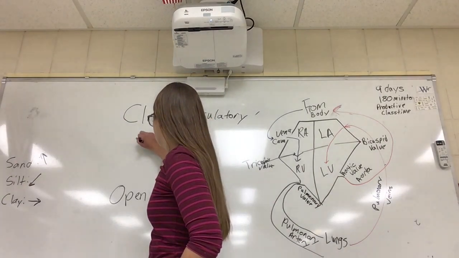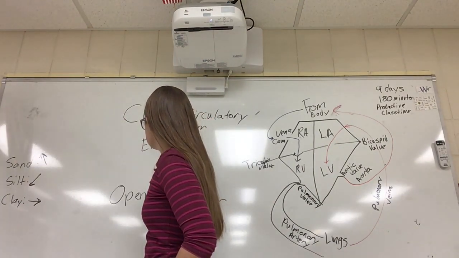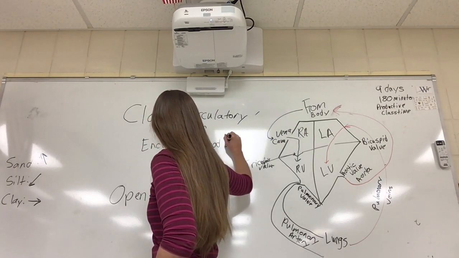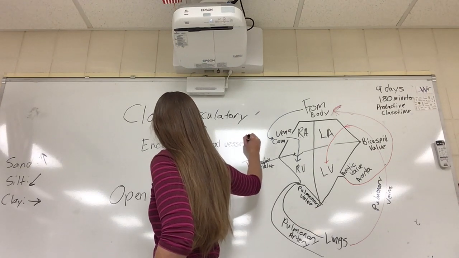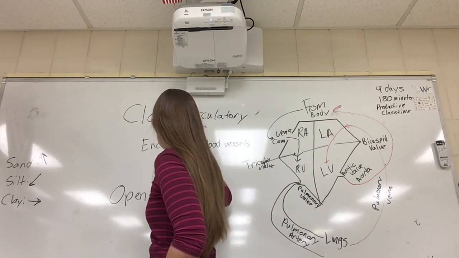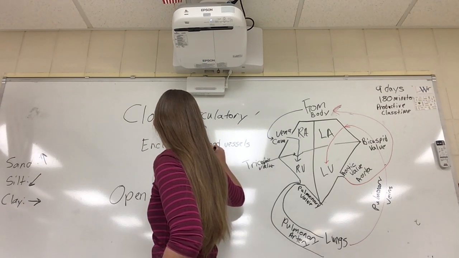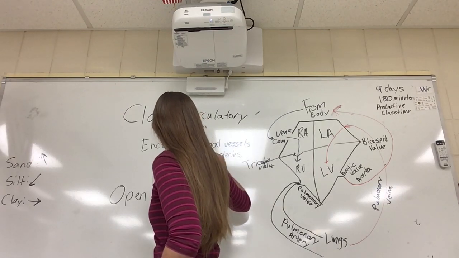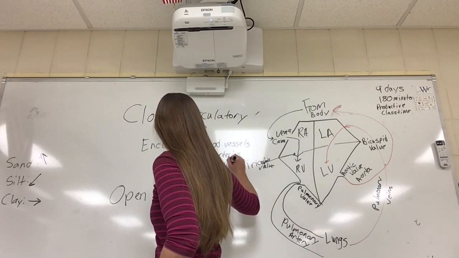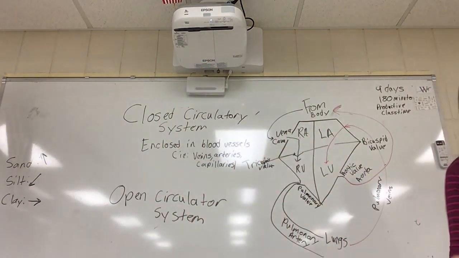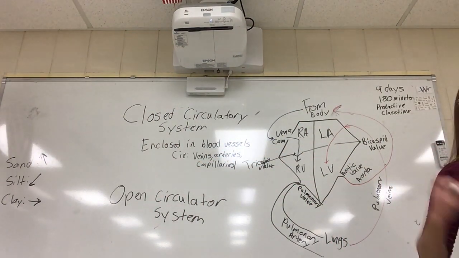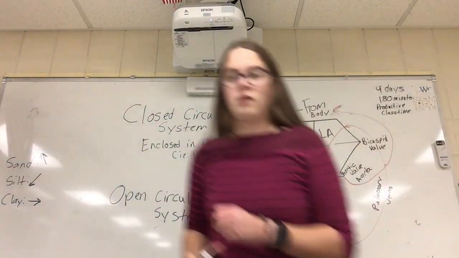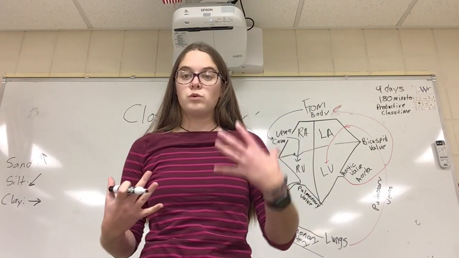So enclosed closed system means it's enclosed in veins, arteries, capillaries, etc. If you need to write that down, pause here. As I said, that's what we have.